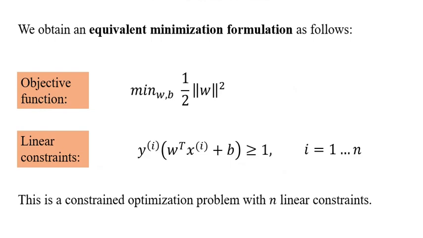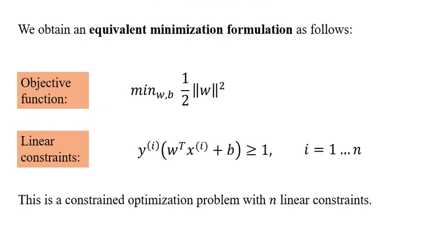Now we write an equivalent minimization formulation of the above as follows. Minimize over parameters W and B, half of norm W squared. So you wanted to minimize norm W, so an equivalent formulation can be to minimize norm W squared.